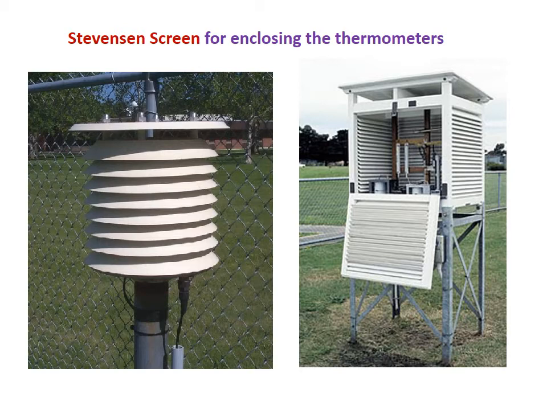But the principle is just like that of an ordinary Stephenson screen, preventing the bulb or the device of the thermometer from getting any direct sunlight, and also allowing a free flow of air inside where the thermometer is kept.